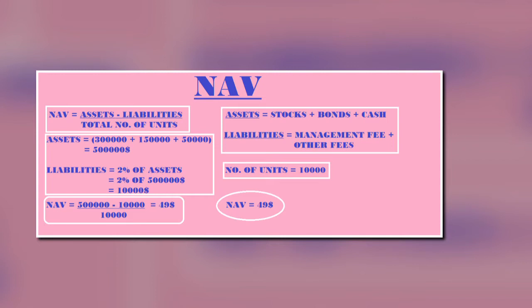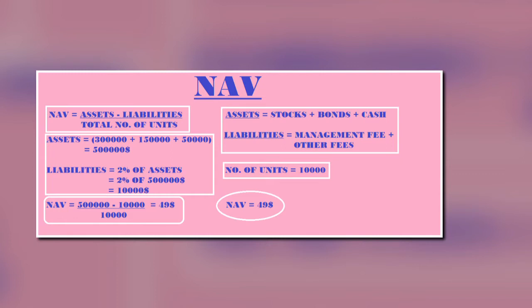Now, let's take an example. Consider a mutual fund, which has invested $300,000 in stocks, $150,000 in bonds and other debt instruments, and $50,000 is kept as cash reserve. So, the total asset value of the fund is $500,000.